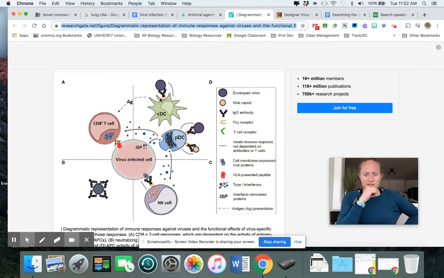Instead of having to wait for a virus-infected cell, and then have these cells activated and the antibodies produced, what vaccines do is give you an inert, killed version of that virus that's not going to make you sick. And then your immune system starts to build these antibodies and these memory B cells, as they're called. Memory B cells make these antibodies.